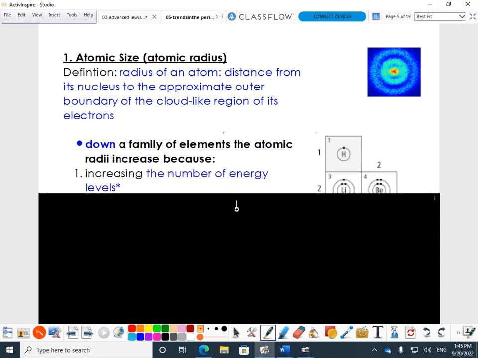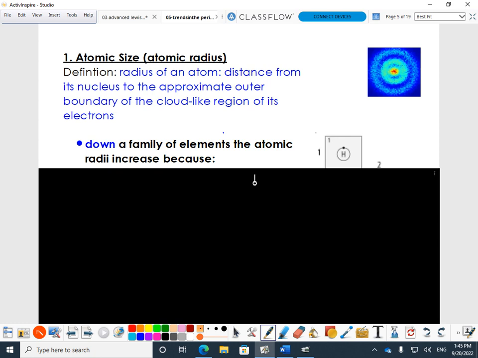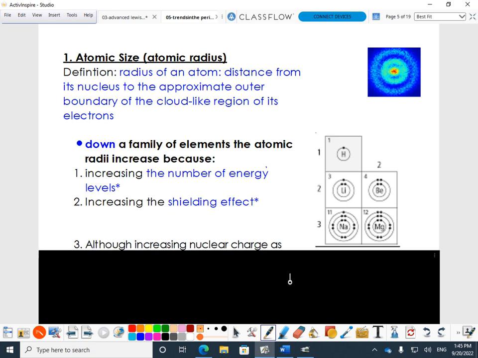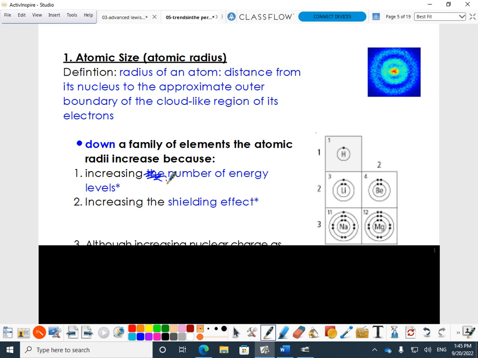So don't push out of your brain things you already know. Period 1 has 1, period 2 has 2, period 3 has 3. So we have an increasing number of energy levels, and we also have an increasing shielding effect.